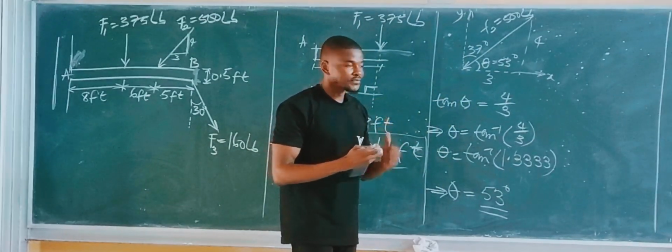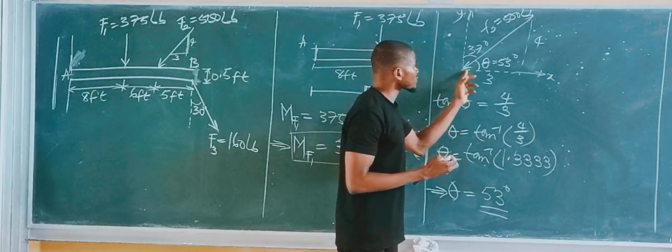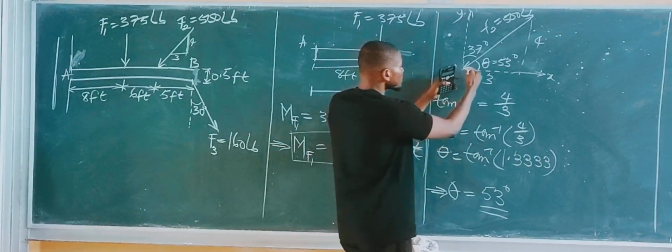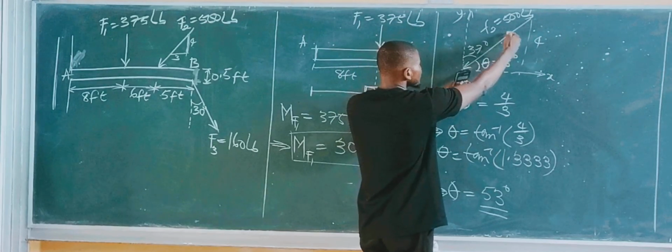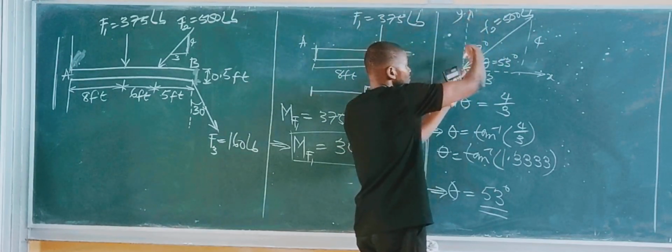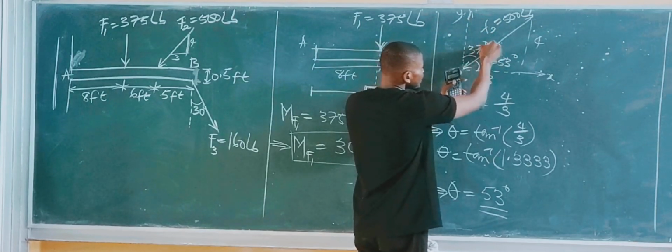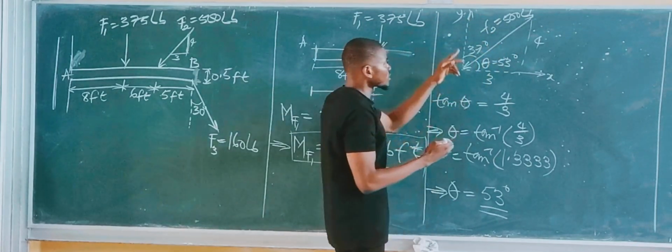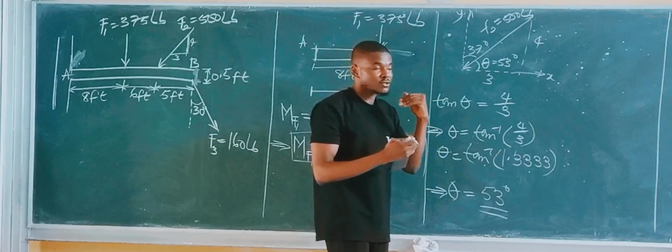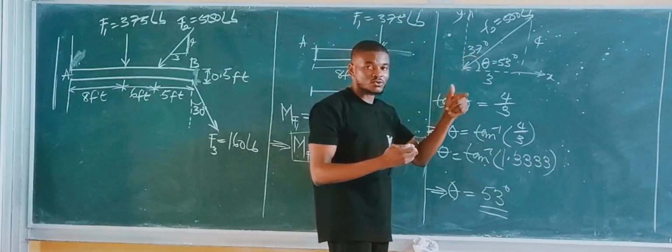So I have to now resolve this force in those directions. To resolve this force in the y-axis, simply hold the tip of the arrow of the force and pull the force till it meets the vertical line. This is the y-axis, that's the vertical line. If you do that, it passes through this angle, 37 degrees. If it passes through 37 degrees, simply multiply the force by the cosine of the angle it passes through.